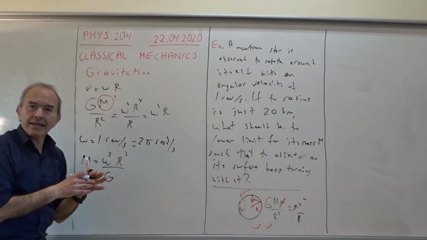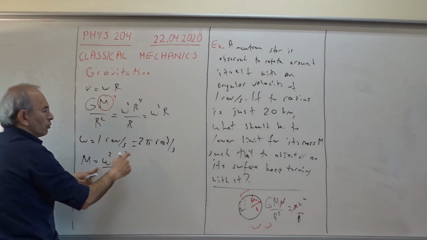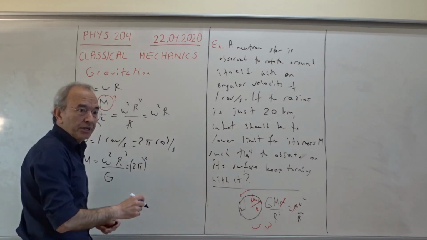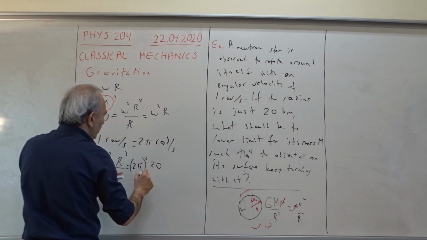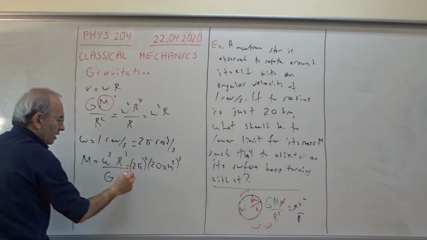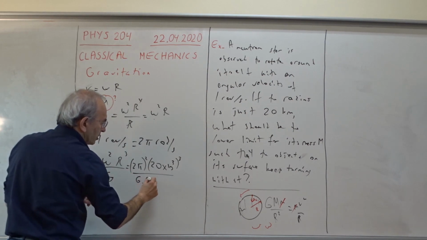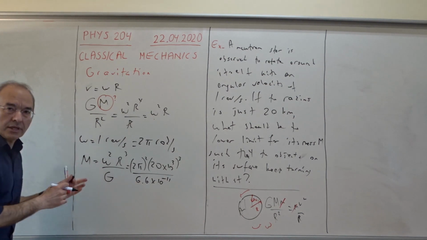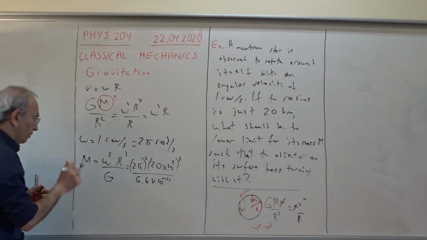Now let's put in the numerical data. Omega is 2 pi, squared. The radius is 20 kilometers, so it is 20 times 10 to the 3 meters, to the power of 3, divided by G, which is 6.6 times 10 to the minus 11. Now the result will give us the limit for mass.